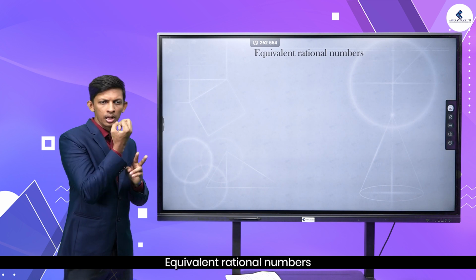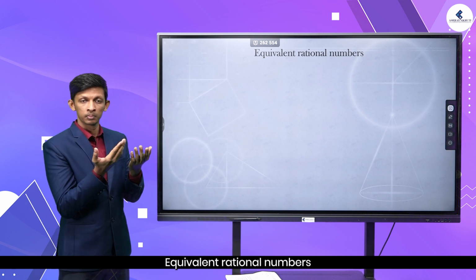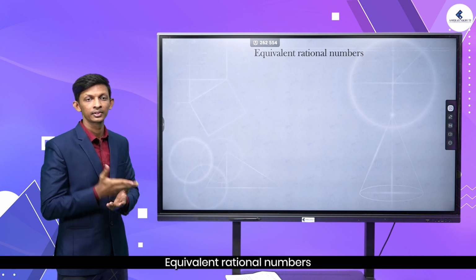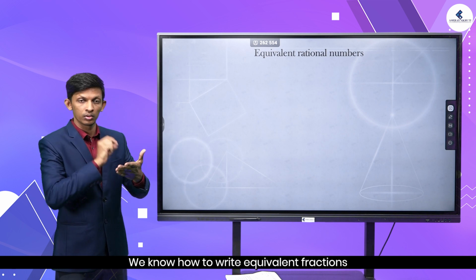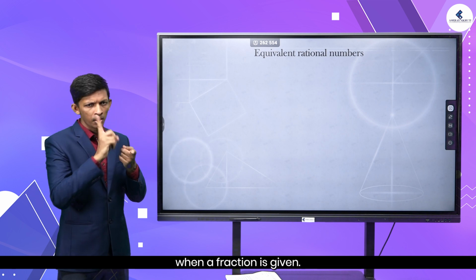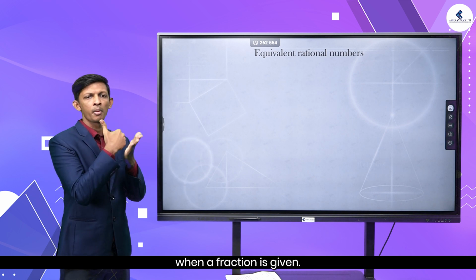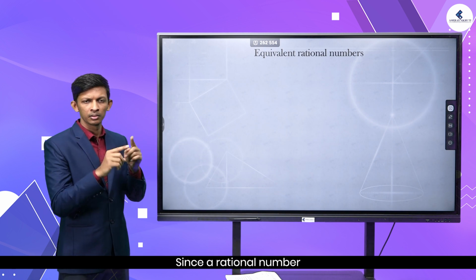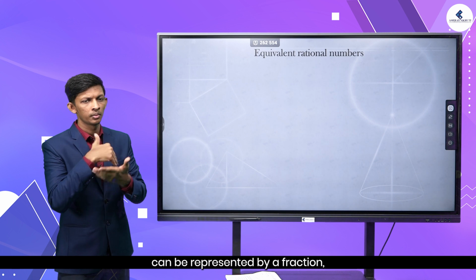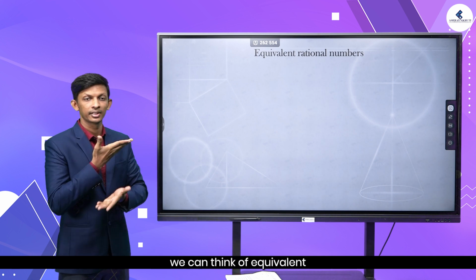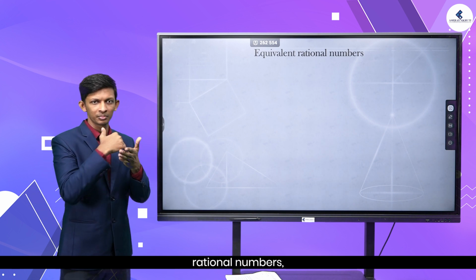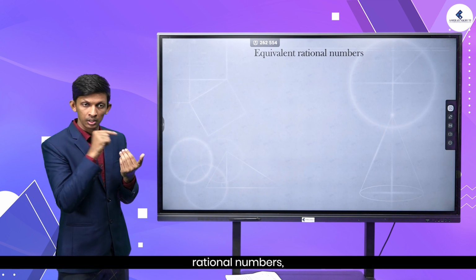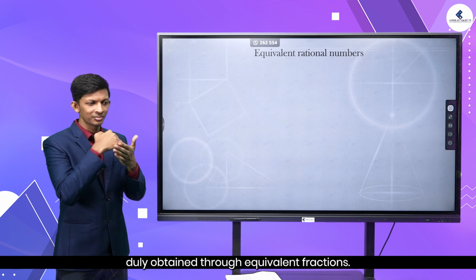Equivalent rational numbers. We know how to write equivalent fractions when a fraction is given. Since a rational number can be represented by a fraction, we can think of equivalent rational numbers duly obtained through equivalent fractions.